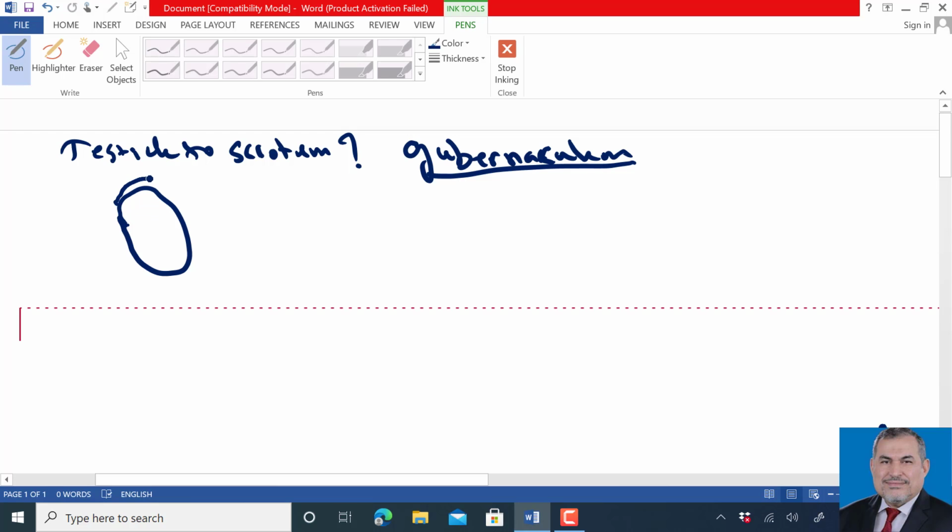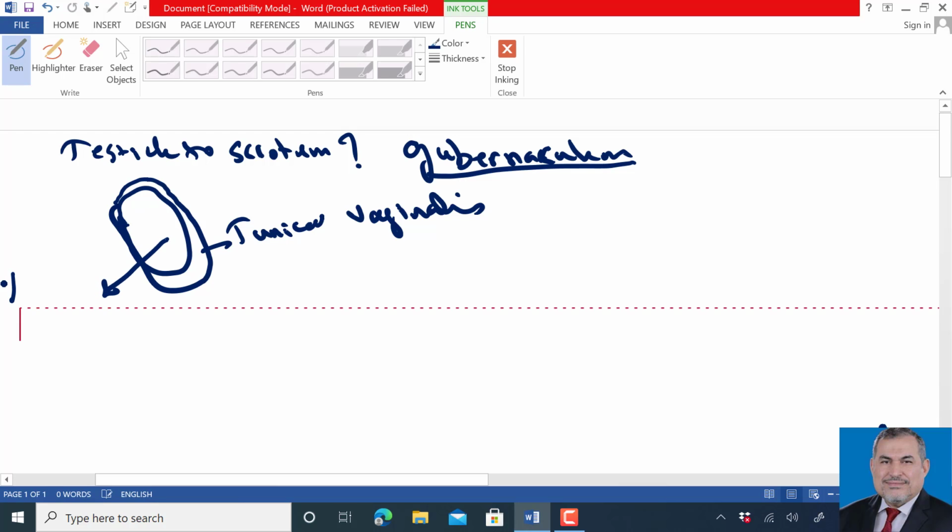This is tunica vaginalis, remnant of processus vaginalis, and this white layer inside is called tunica albuginea.